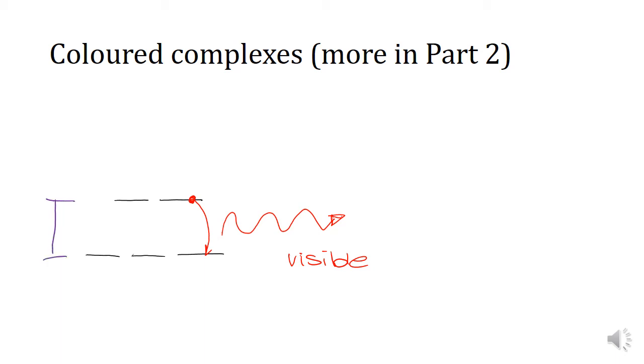If those energy levels are slightly further apart, it takes slightly more energy, which means that the colour being produced might be slightly closer to green or even blue. We are going to discuss this at length next time, and I'm also going to talk about some of the ligands, the things that attach to that metal ion.